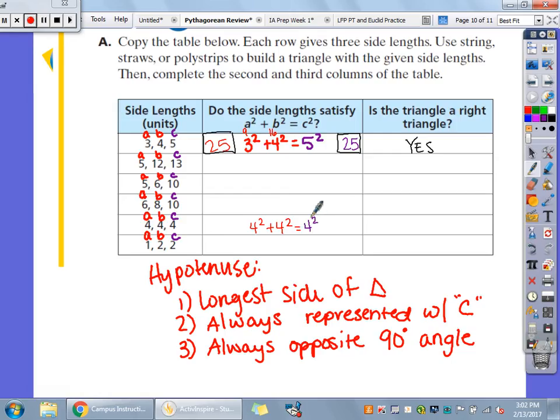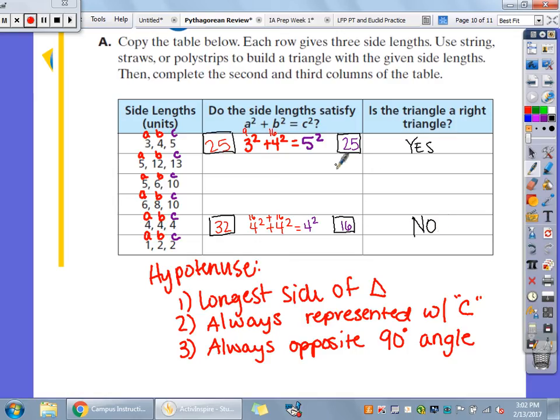So when we square this 4 over here, we end up with 16. If we square this 4, we get 16, and if we square this 4, we get 16. So 16 plus 16 is 32. So again, we're comparing this side over here to this side over here. Now 32 and 16 are not equal, so this means that this is not a right triangle, okay?